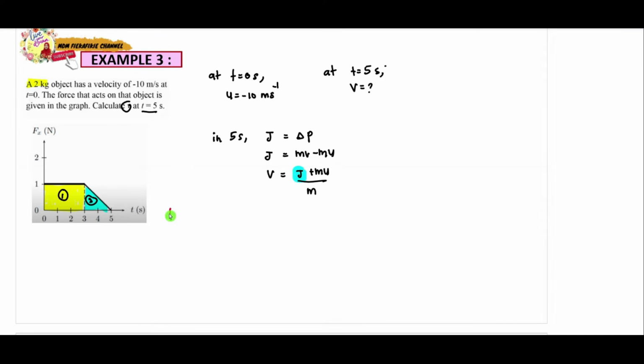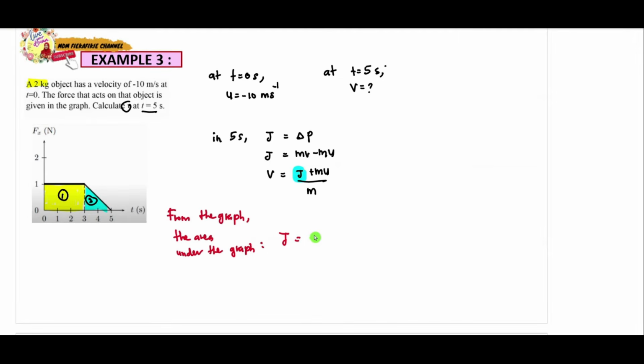Okay, so from the graph, we need to calculate the area under the graph. So let's calculate the area.